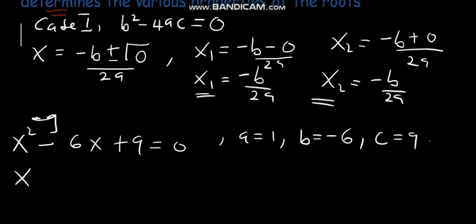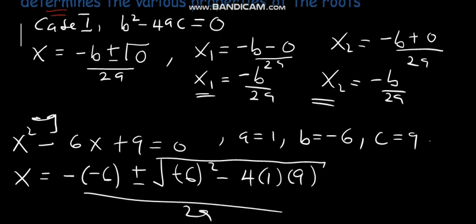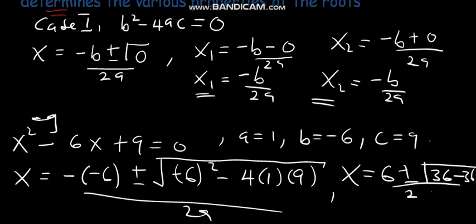Therefore x, the solution, is equal to negative b, which is negative negative 6, plus or minus the square root of b squared minus 4ac, with a is 1 and c is 9, all over 2a. So x equals 6 plus or minus the root of 6 squared, which is 36, minus 4 times 9, which is also 36, all over 2.